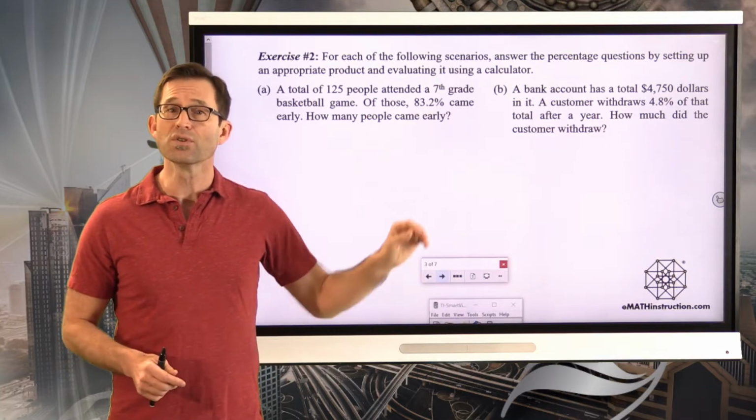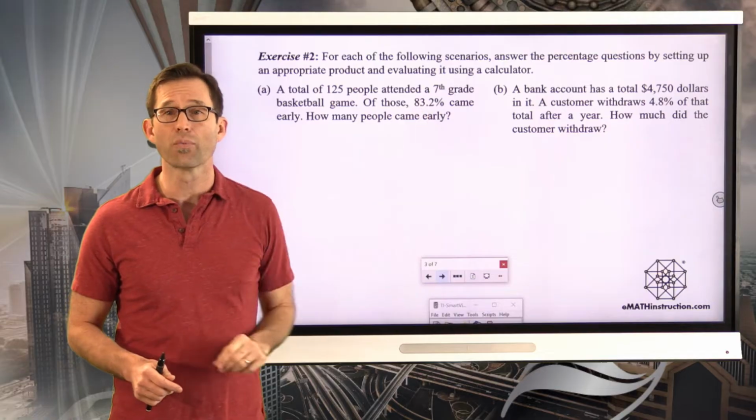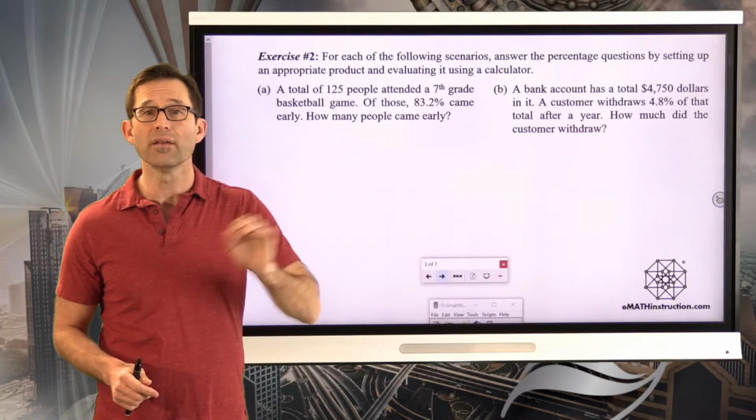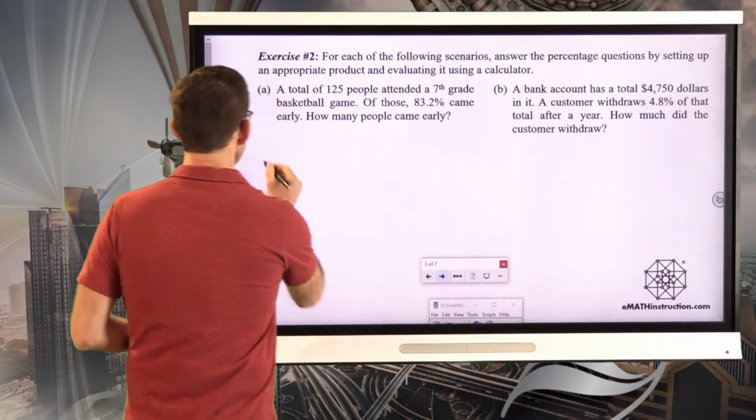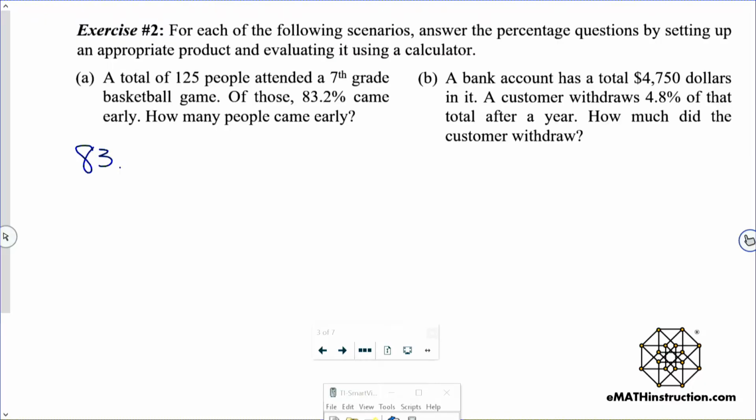So what we want to do is convert our 83.2% into a decimal. Now again, the way that I want to think about that is 83.2% is 83.2 divided by or over 100.